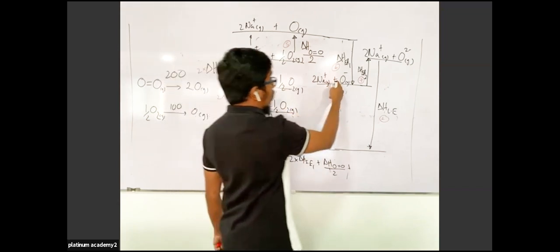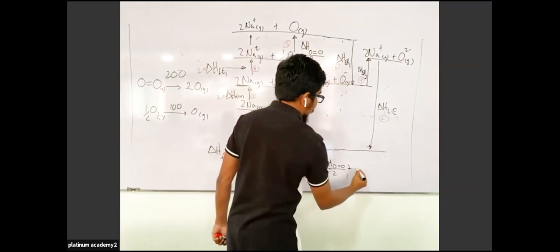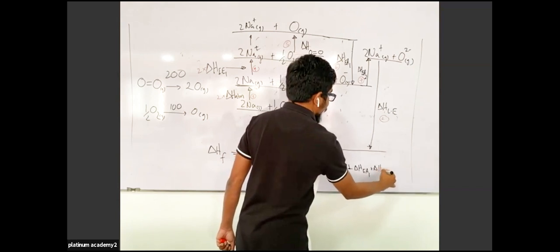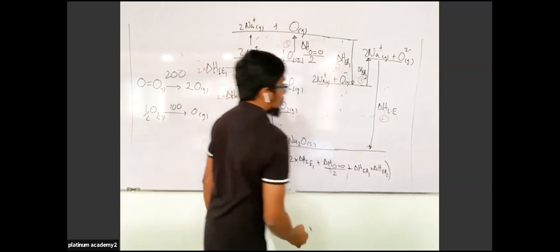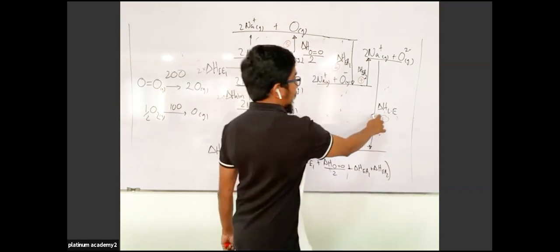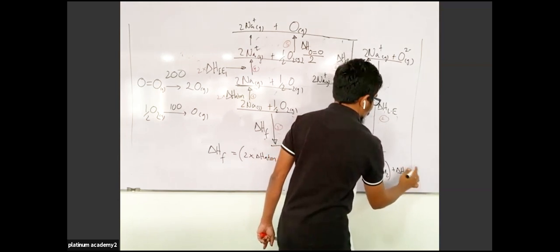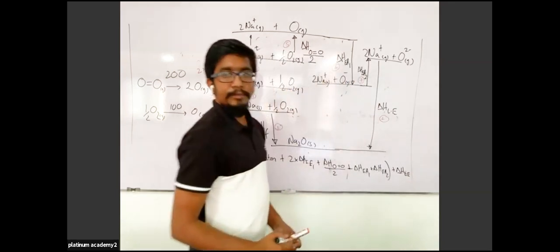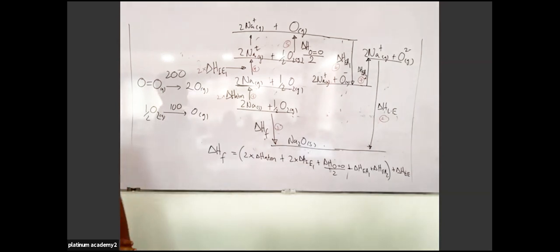But always take how many moles there are here, only 1 mole, so you do not multiply. So electron affinity 1, electron affinity 2. Plus, there's one more, lattice energy. Get it? If you add all of them, you get the formation enthalpy.